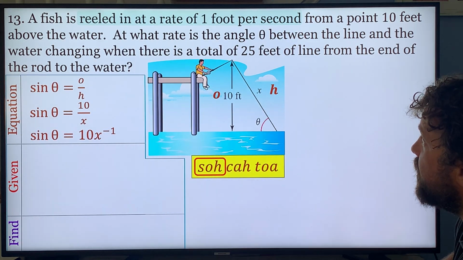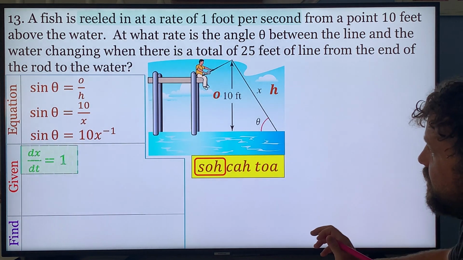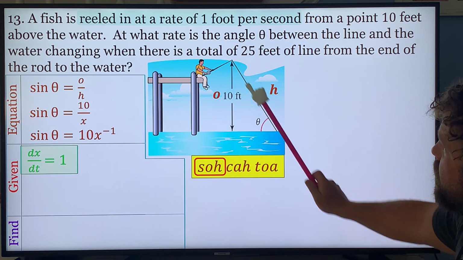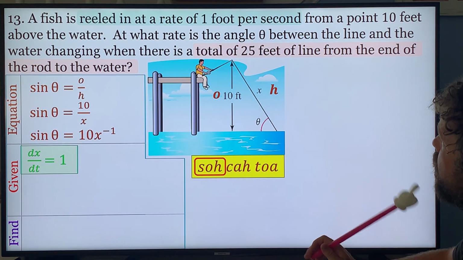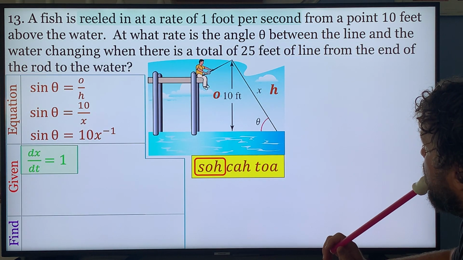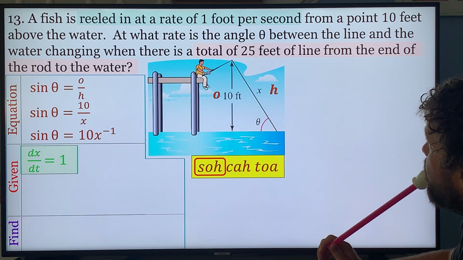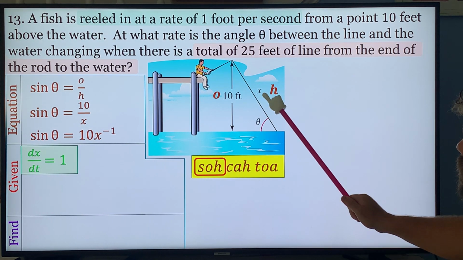Reeled in 1 foot per second, that's dx/dt. This is your fishing reel, this is your line. Total of 25 feet from the end of the rod to the water. That's your x.